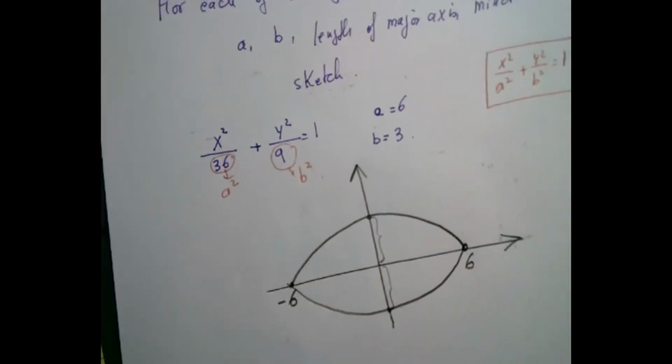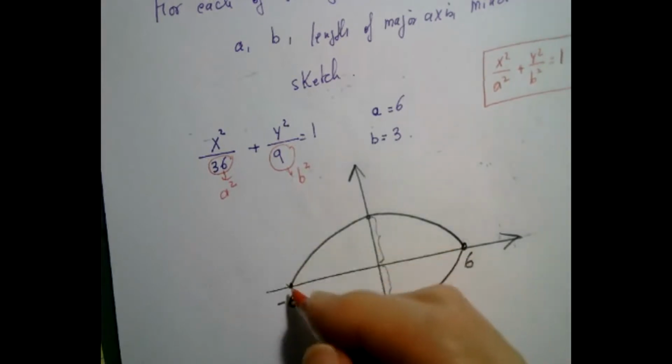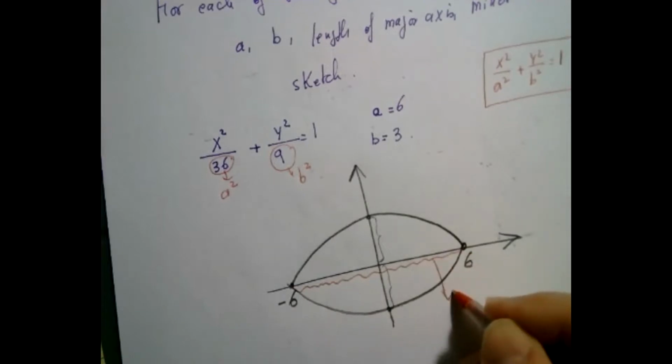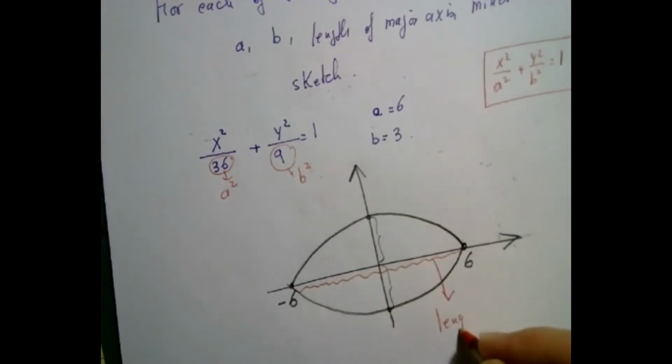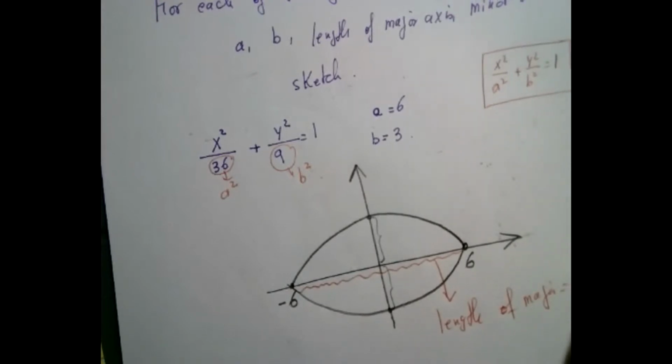That's really the ellipse. Now, what's the length of the major axis? The major axis is the longest axis. This is the major axis. So the length of the major is equal to 12.